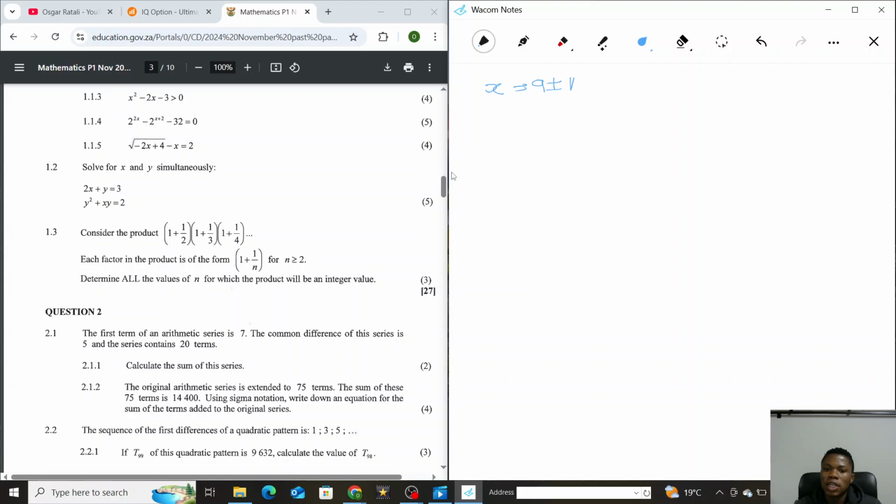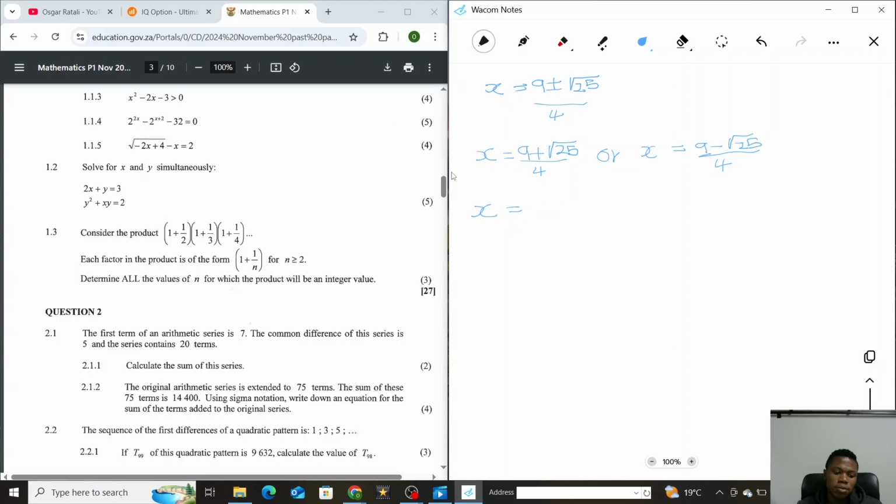This means that your x will be 9 plus root 25 all over 4, or your x will be 9 minus root 25 all over 4. Therefore your x will be equal to 7 all over 2, or x will be equal to positive 1.